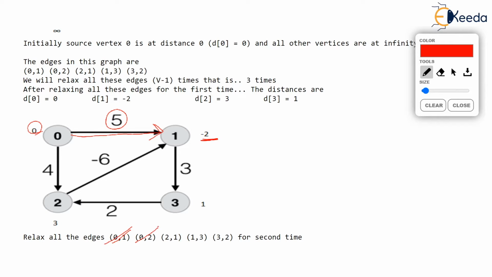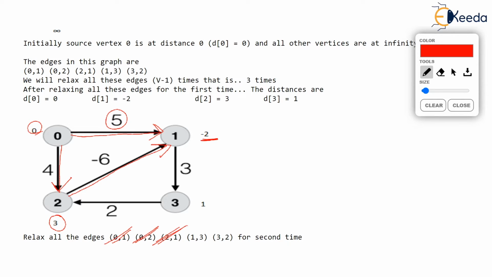0, 2 you observe will be this time 0 plus 4, which is 4. But the second vertex you see is already at distance 3, which is less than 4. So you won't update the distance of the second vertex. Let's relax edge 2, 1. Now if you relax the edge 2, 1, there is something interesting. You watch.